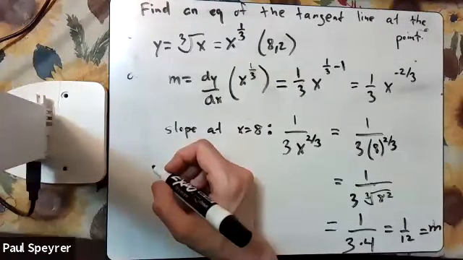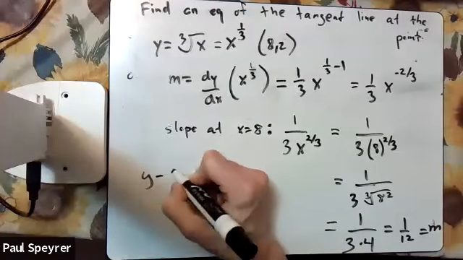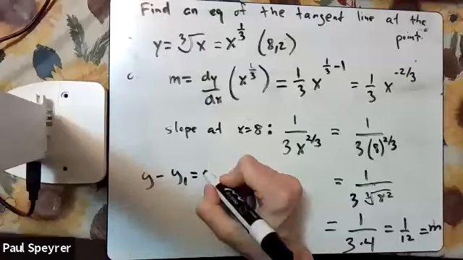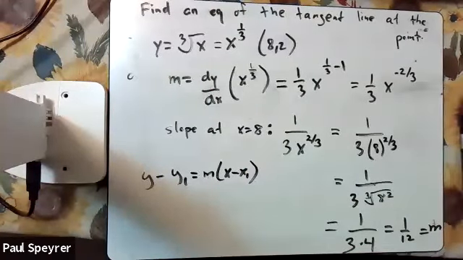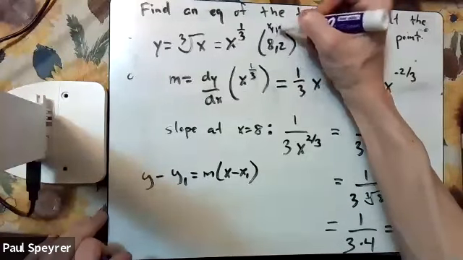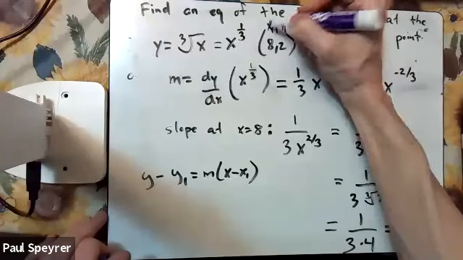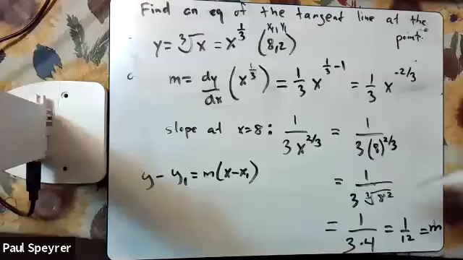So now where do we go from here? Because we want an equation of the tangent line at that point. So we have y minus y1 equals m times x minus x1. So we're going to use this, right? This is our x1 and y1. Let's plug all this stuff in.